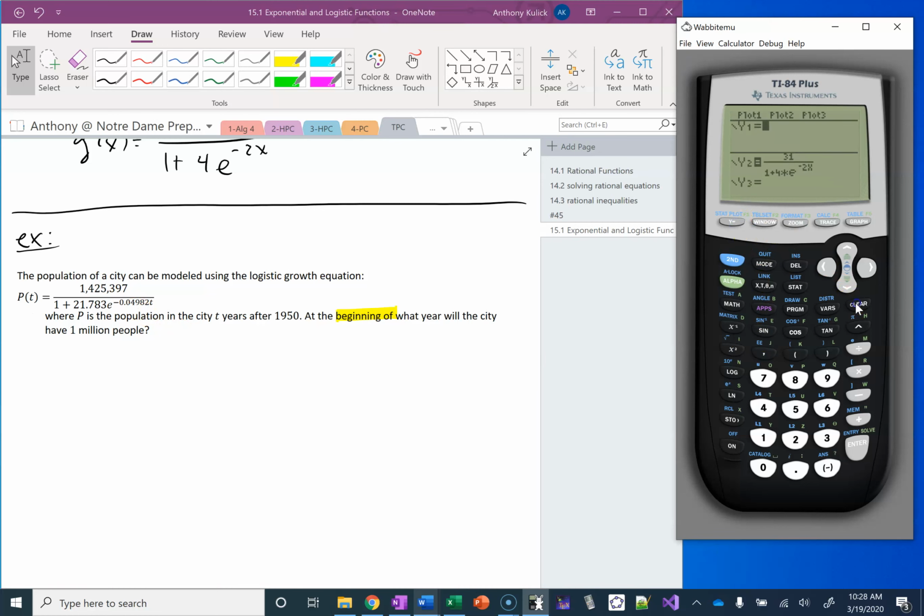So to solve this, all I'm going to do is clear out the stuff that's in there, and type that logistic model into y1. Then in y2, I'm going to type in the 1 million that we're looking for. And then we can just find the intersection.